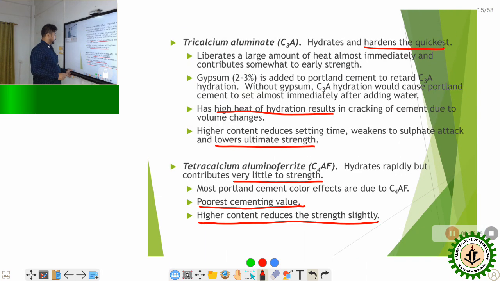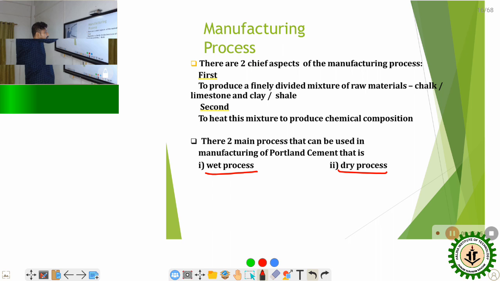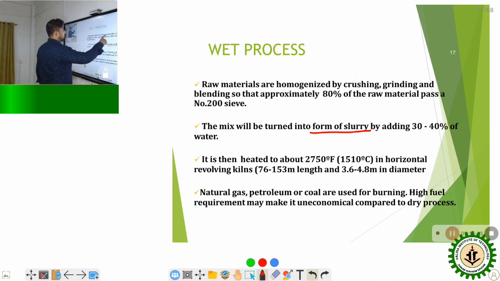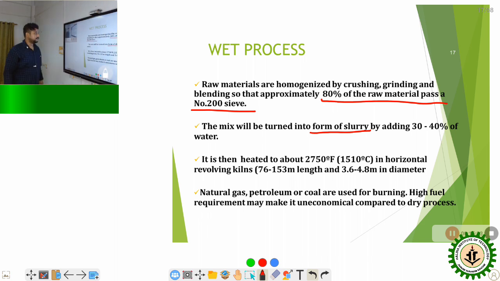The raw material goes through homogenizing, crushing and grinding, and 80% of the raw material passes through number 200 sieve. Then we mix it with water and make it a slurry.